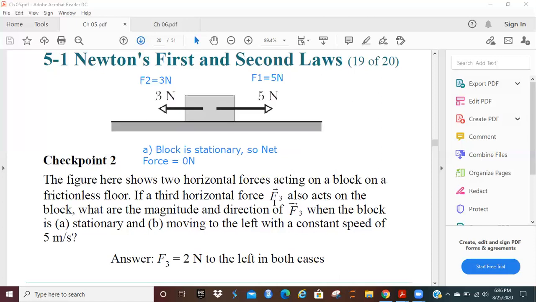So for force 3, which direction and how big or how large does that force have to be to counterbalance the 5 newtons this way and the 3 newtons this way? Well, net force currently is going to be equal to, and I'm just going to call going to the right positive and going to the left negative, 5 newtons minus 3 newtons. So what's the net force currently?